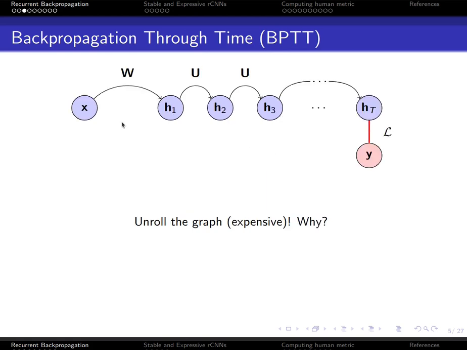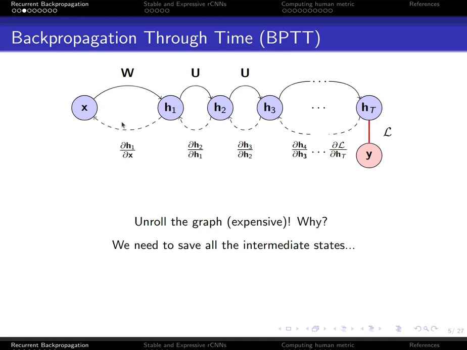But to do this, we have to unroll our graph and save all of the intermediate states h in order to perform the chain rule and optimize all of our parameters. This method is expensive because we have to store all of these intermediate states h. And if you want to optimize u, the gradient is going to be the sum over all of those intermediate time steps.